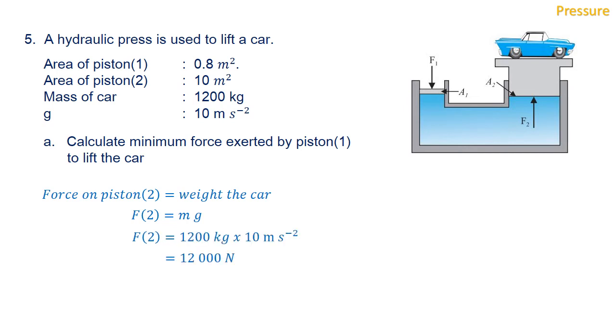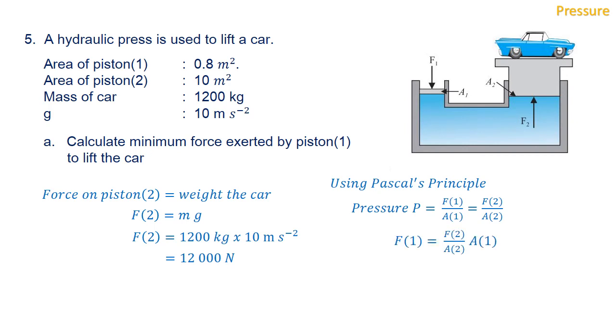F2 equals 12,000 Newton. Using Pascal's principle, pressure P equals F1 by A1 equals F2 by A2. F1 equals 960 Newton.